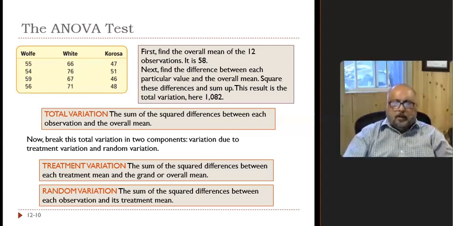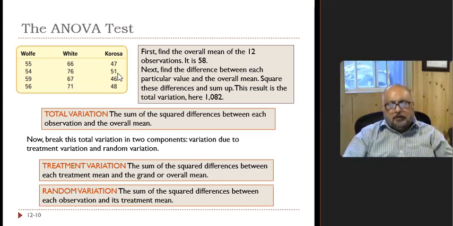Now we need to find the difference between each of these values and the overall mean. Then we square those differences and add them up. So for example, 55 minus 58, then we square it. Then 54 minus 58, the difference we square, and keep doing that.